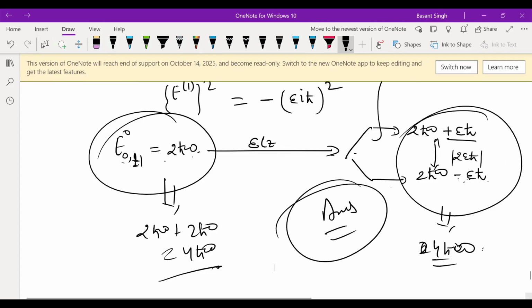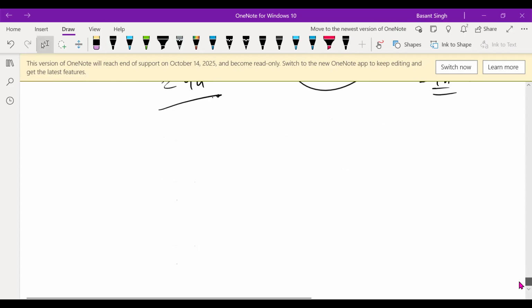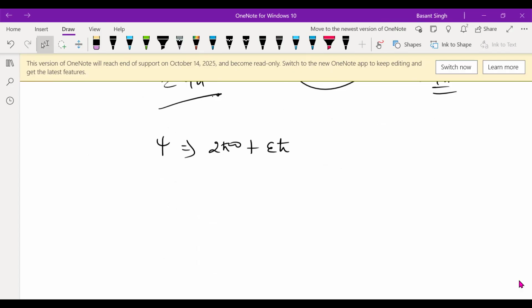Now, you can calculate the wave function for these energy outcomes. The energy outcomes are 2 h-bar omega plus epsilon h-bar, and one is 2 h-bar omega minus epsilon h-bar.